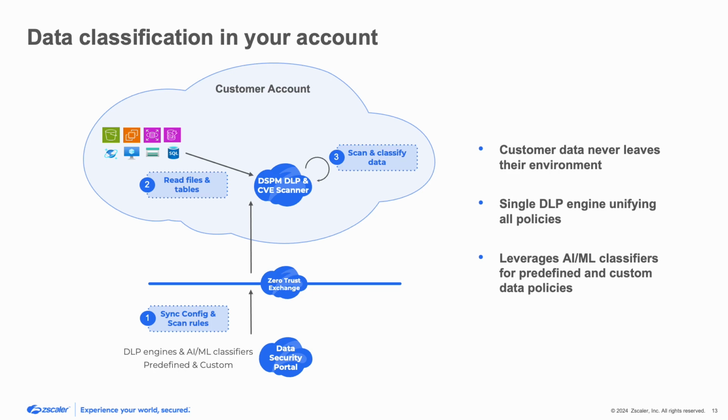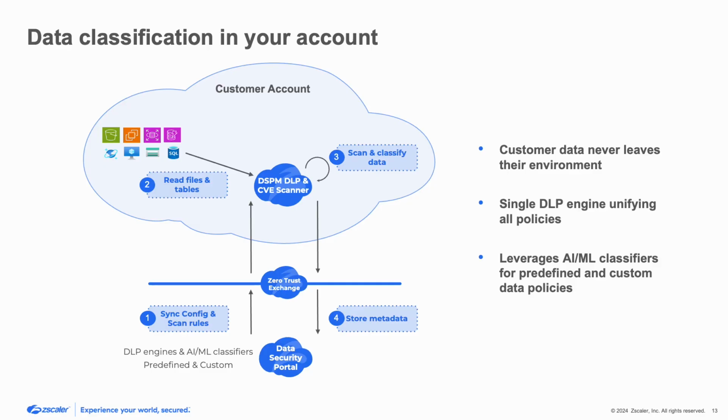And then last, only the metadata of the findings go back outside of your account and into the DSPM portal for reporting. Meaning that if we've detected a file with certain credit card numbers, for example, or financial information, we will notify the user that we found this file in this path, and we detected PCI and credit card numbers, and there are 4 of these, but we will not be actually moving the raw information outside the customer account, which is super important.